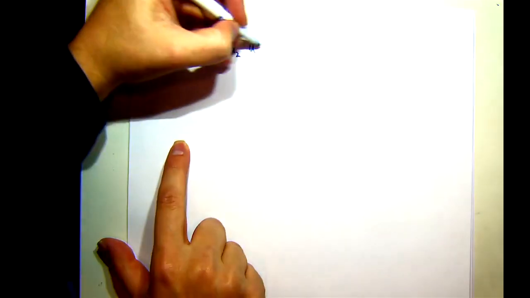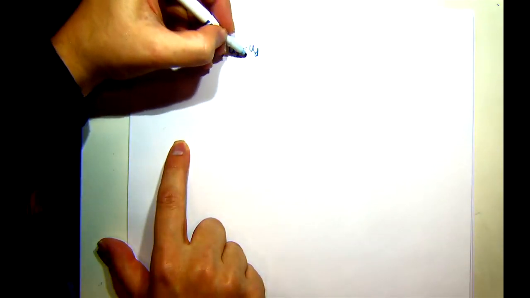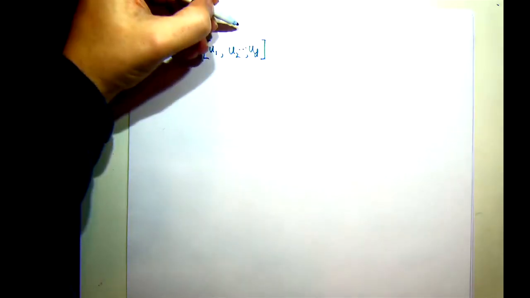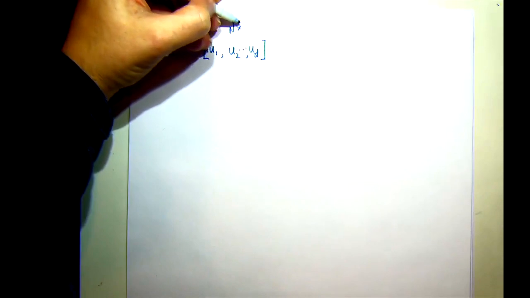How many dimensions do we have? We have D dimensions. So we can just concatenate them all together. We're not adding them. We're actually just making a matrix that's D by D.